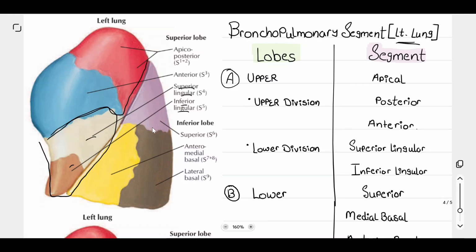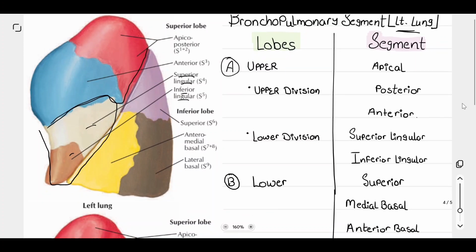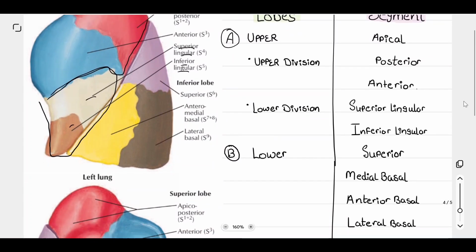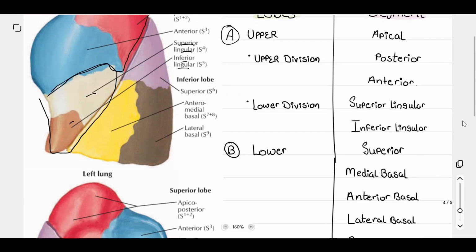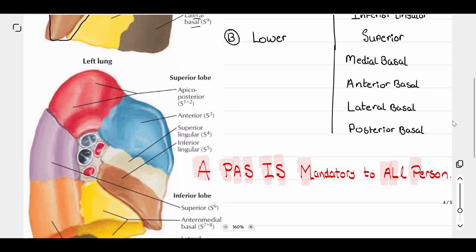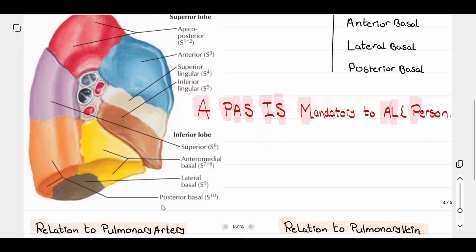I hope you can appreciate with the help of these diagrams. And in the lower I have superior, medial basal, anterior basal, lateral basal, and lastly I have posterior basal, which is visible from medial side.